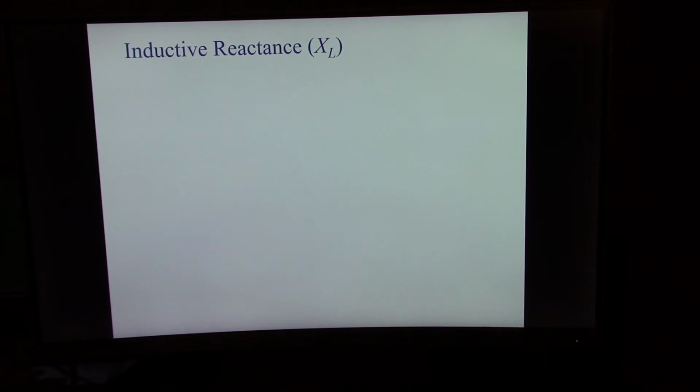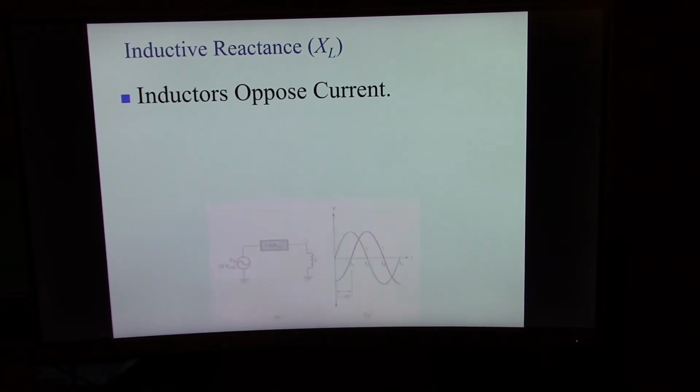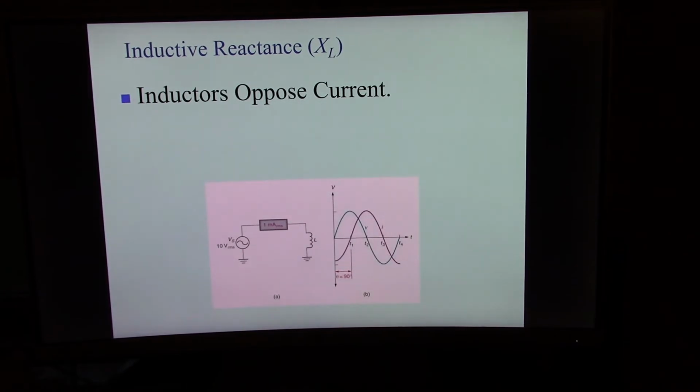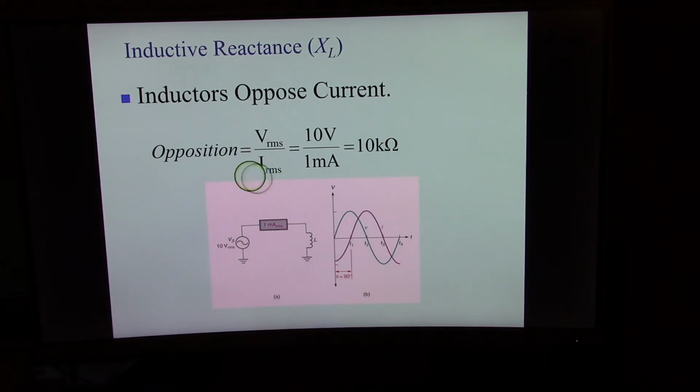Inductive reactance is very similar to what we have already talked about with resistance, but it is dependent on the inductance. And inductors will oppose the current, and this is of course dependent upon frequency. Okay? And that's because of this lag that you get between the voltage and the current that's developed. So in this case, we just rearranged Ohm's law, right?